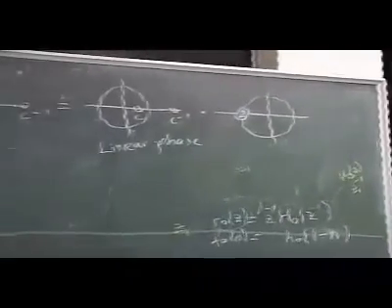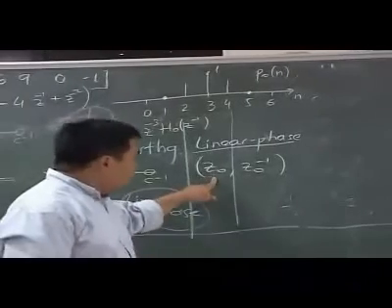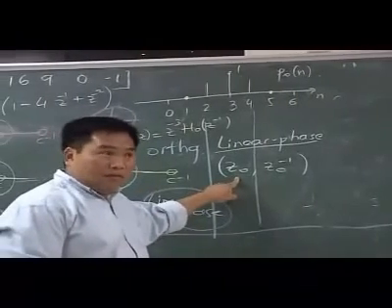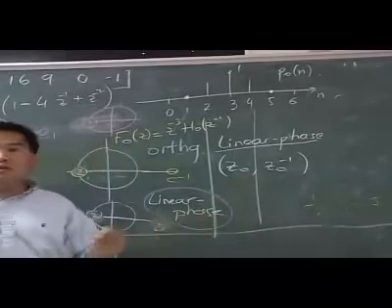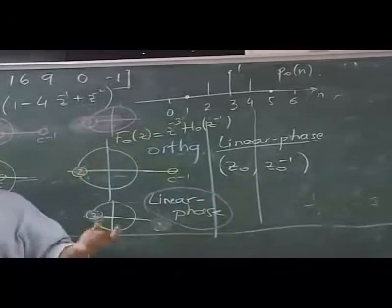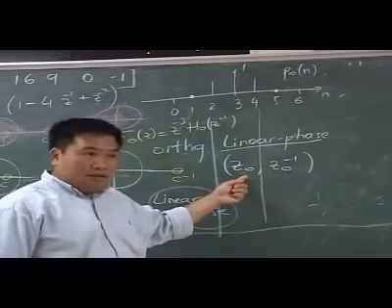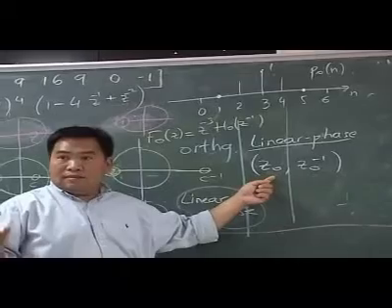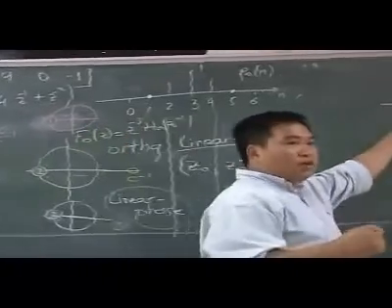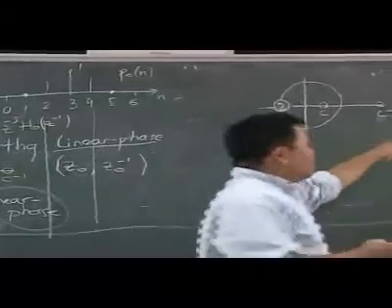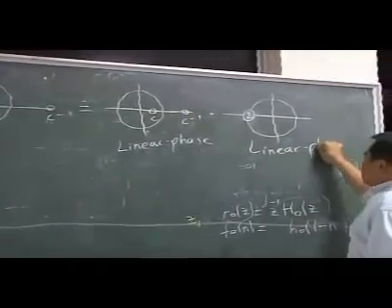Here is how the zeros are related, right? So saying that -1 is a zero, -1 is not a zero. A system with zero at -1 or 1 is always linear phase because -1 is its own inverse, and 1 is its own inverse. So any system with zero at 1 or -1 is always linear phase. And this is linear phase, and this is linear phase. The product is linear phase.